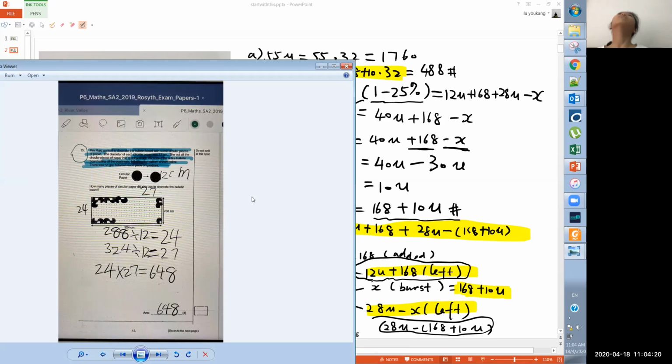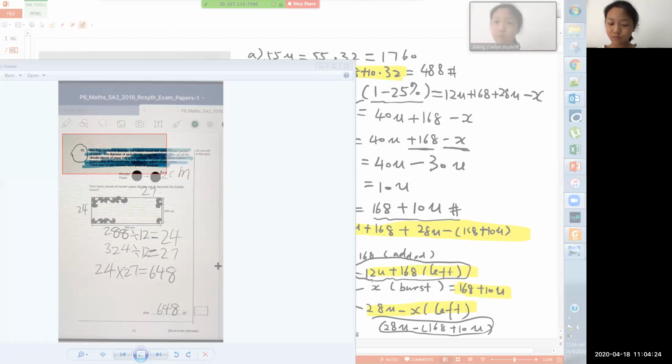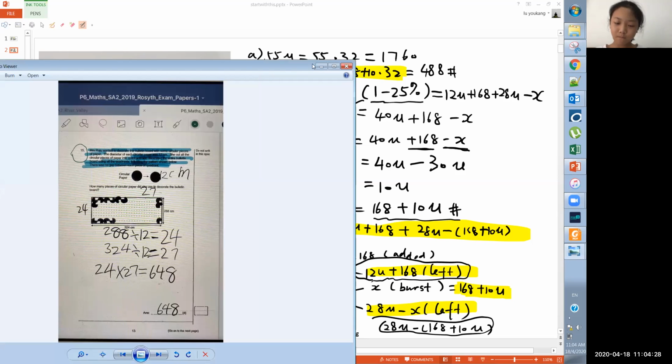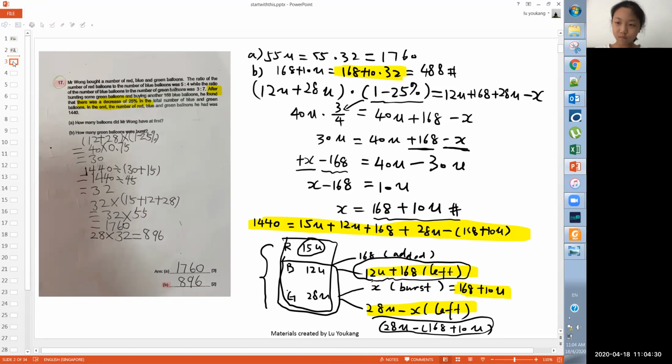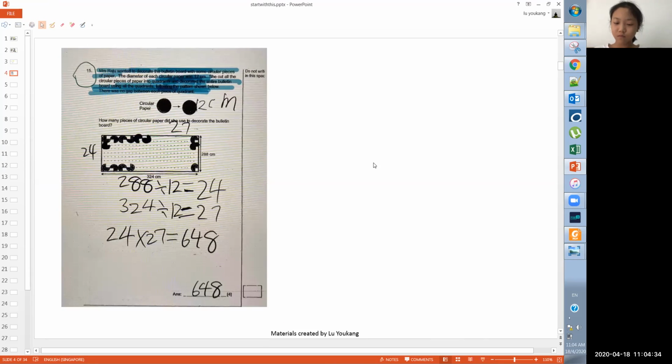Okay, this question, all you need to do is find out one of them, and then you just times the rest. So first, what is the radius or diameter for one circle here? It says the diameter of the circle.